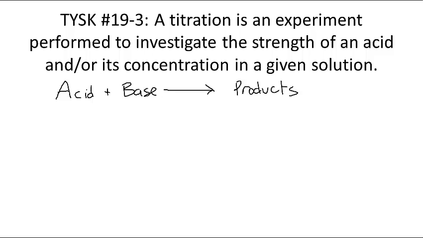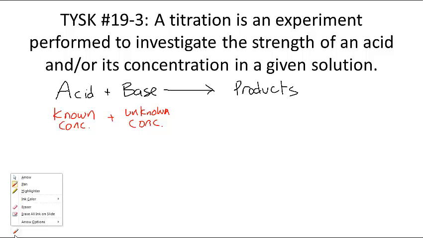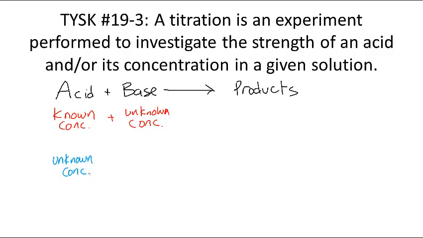So you could either do a titration where the acid is known and the base is unknown, or you could do the titration where the acid is unknown and you know the base concentration.